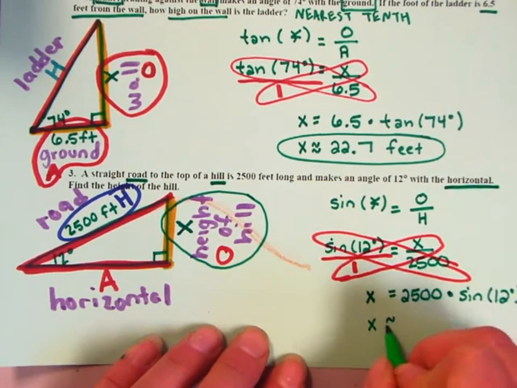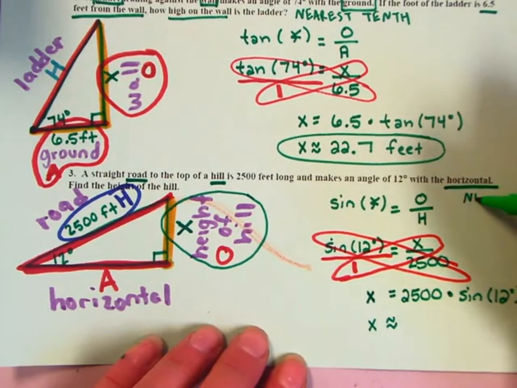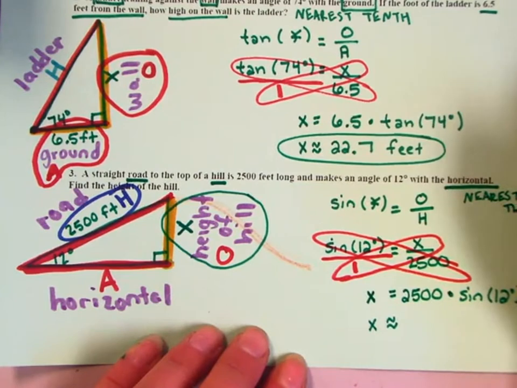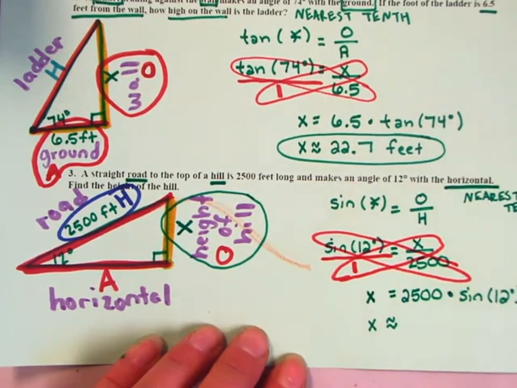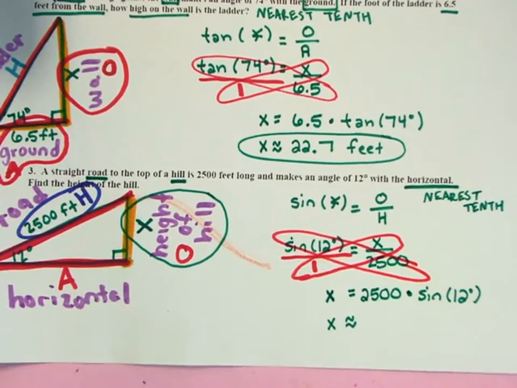So x is approximately, and again, nearest tenth. These are my directions. So when you punch that in your calculator, what do you get rounded to the nearest tenth?